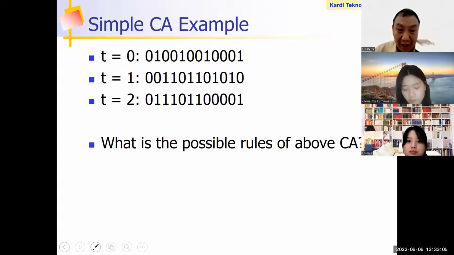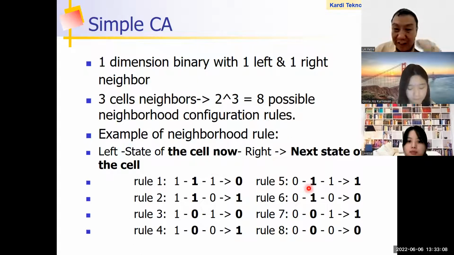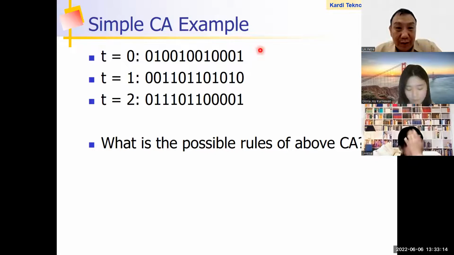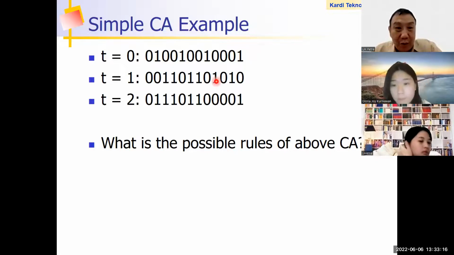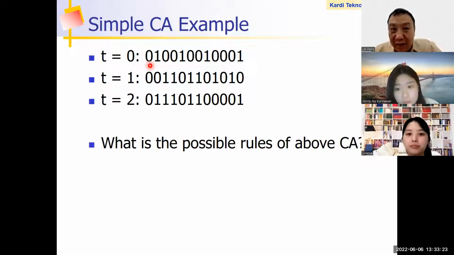Look at this. This is the lookup table. Here, this is time 0. What you will do is check every 3 cells. Here it is 0, 1, 0. You go back to the rule table and find 0, 1, 0.